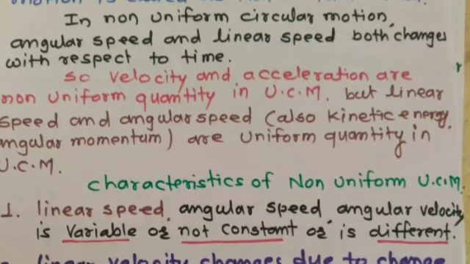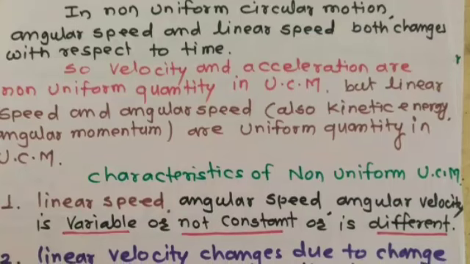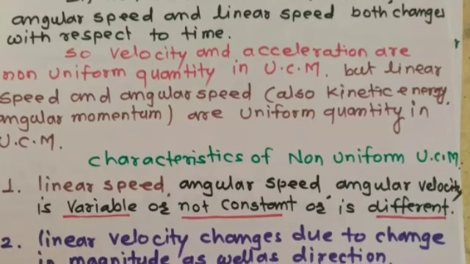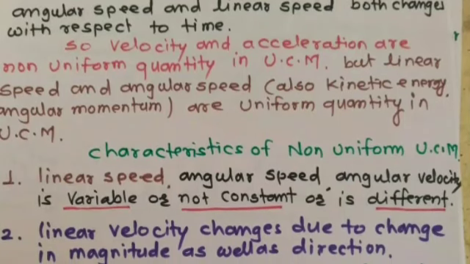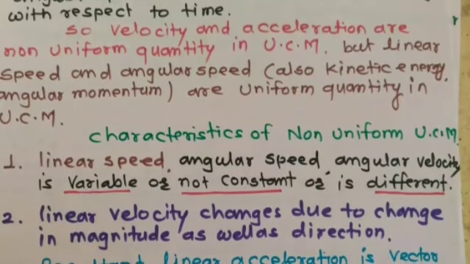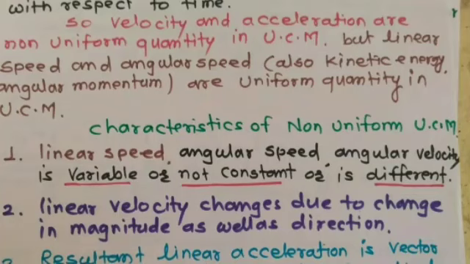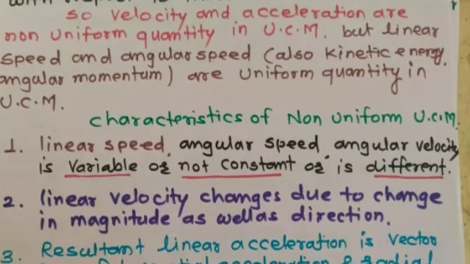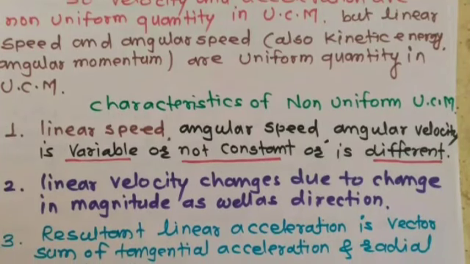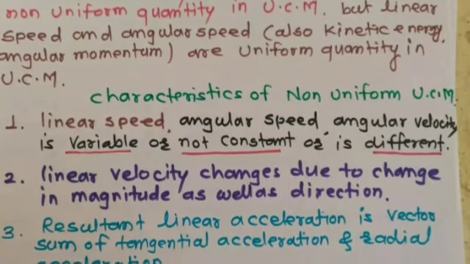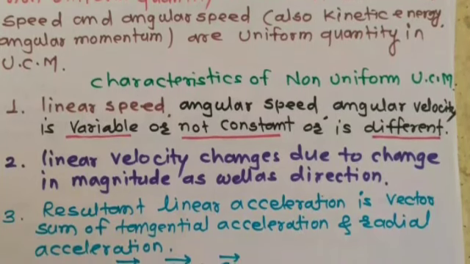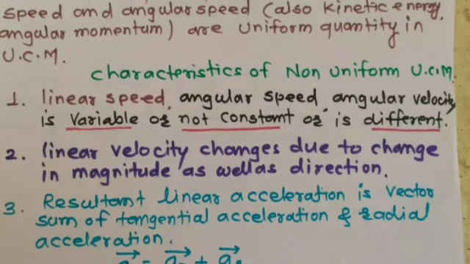So velocity and acceleration are non-uniform quantities, but linear speed and angular speed, and also kinetic energy and angular momentum, are uniform quantities in uniform circular motion.